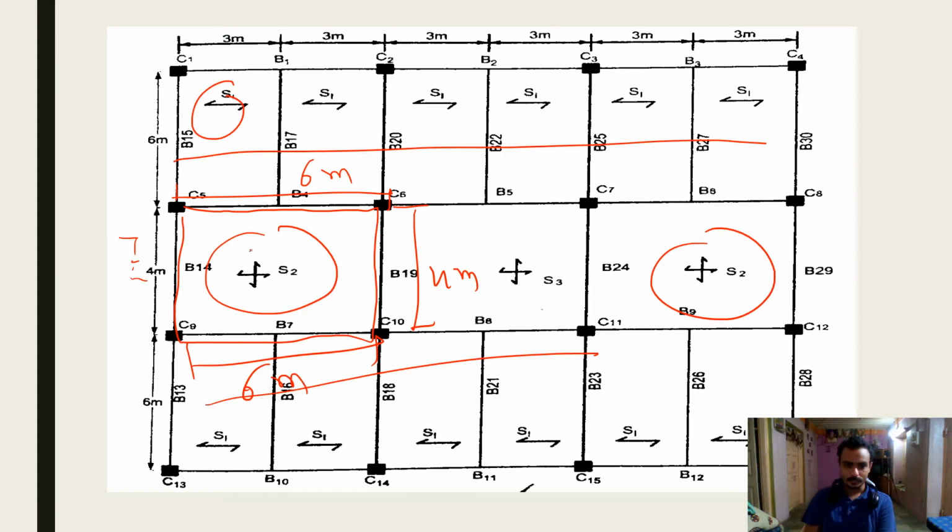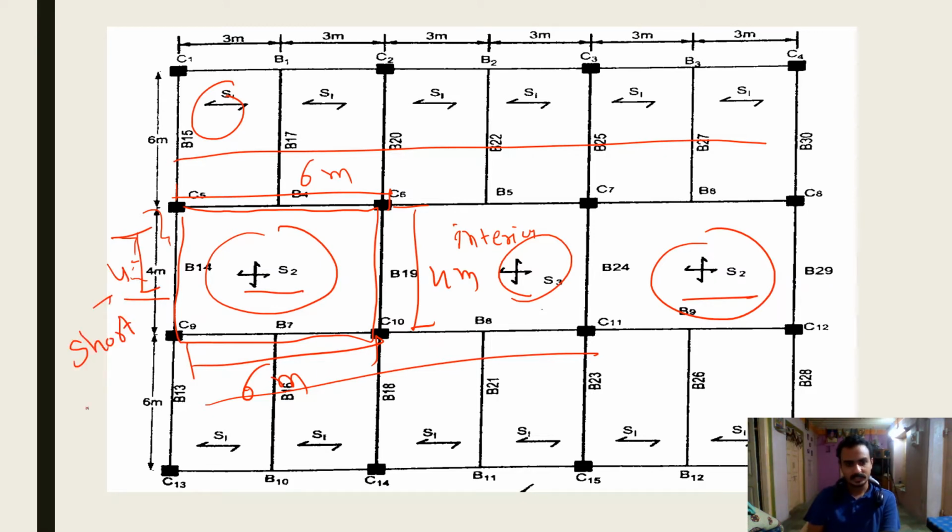So this S2 is not an interior panel. All edges are not continuous, only one edge is discontinuous, the shorter edge. S3 is called the interior panel, but we are designing S2. So for S2, one short edge, this 4 meter edge, is discontinuous.